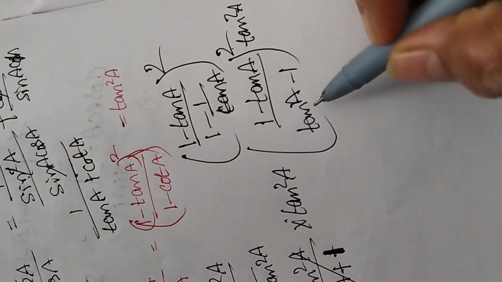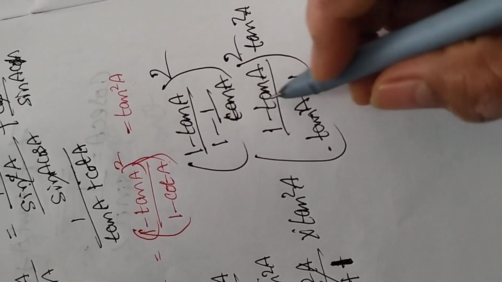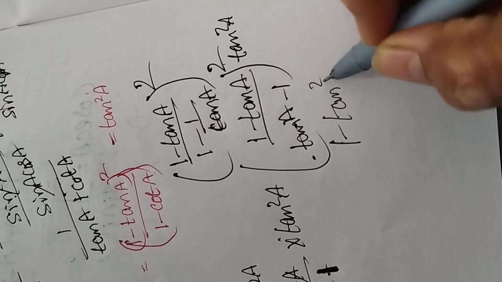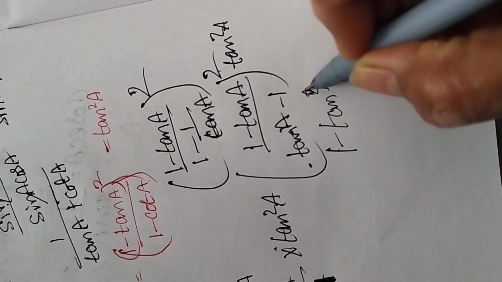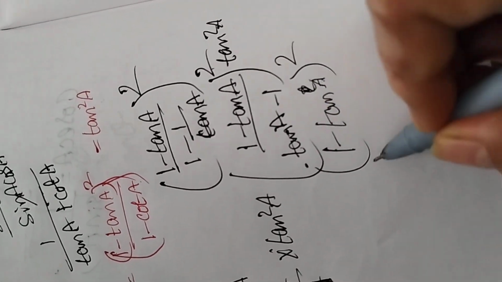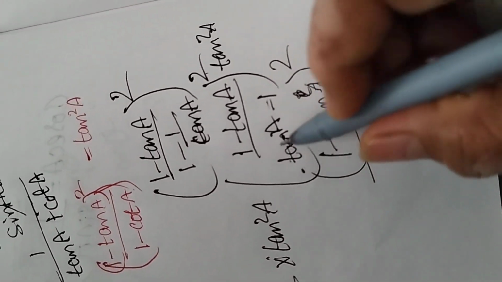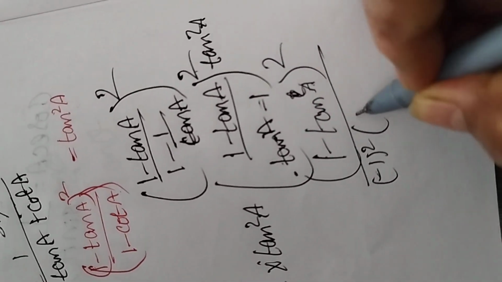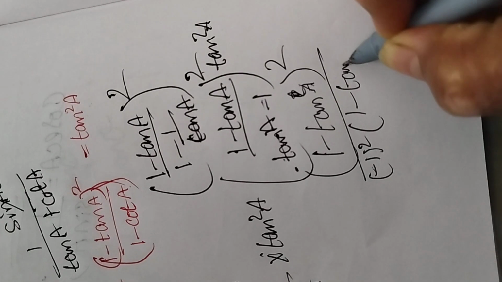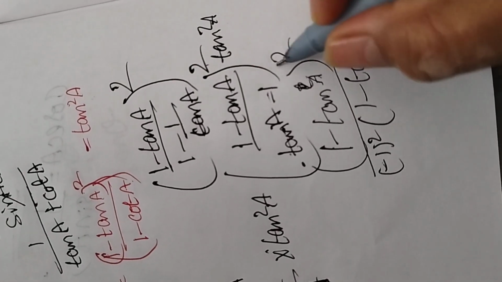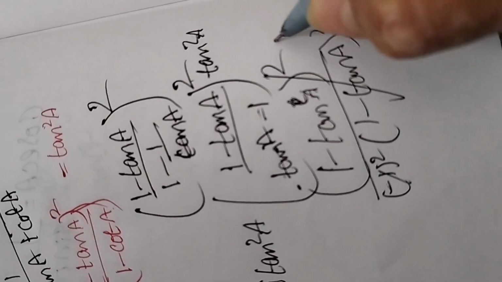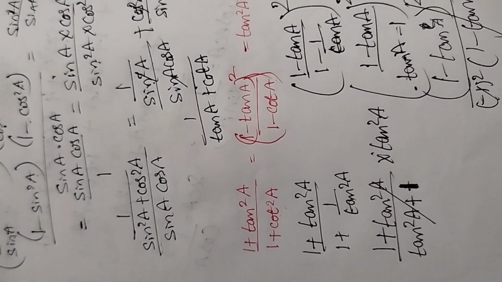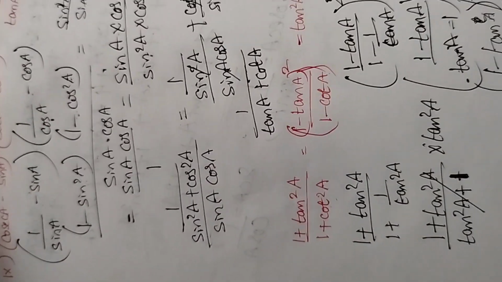So what you will get here: take minus common in this, and both these terms get cancelled because the square is there. Tan a whole square by minus, take common and square: minus 1 square means only 1. So both cancel, this is plus 1, and you will get the answer as tan square a. This is the last sum of these identities. Very important, all are.